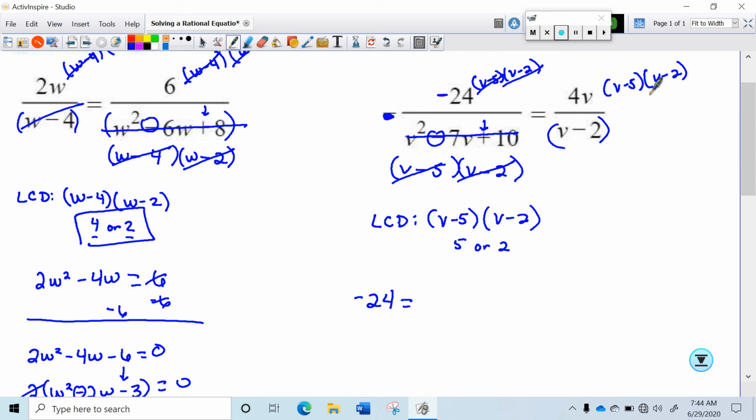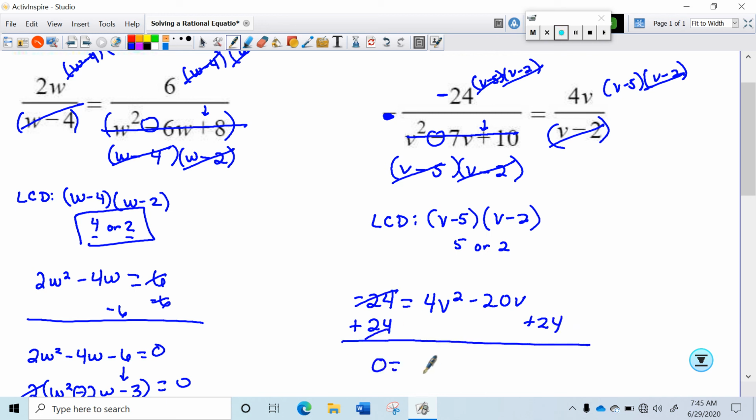Then I have an equal sign. V minus 2 cancels with V minus 2. So now you multiply. 4V times V is 4V squared. 4V times negative 5 is negative 20V. I need my squared term to stay positive, so I'm going to add 24 to both sides.